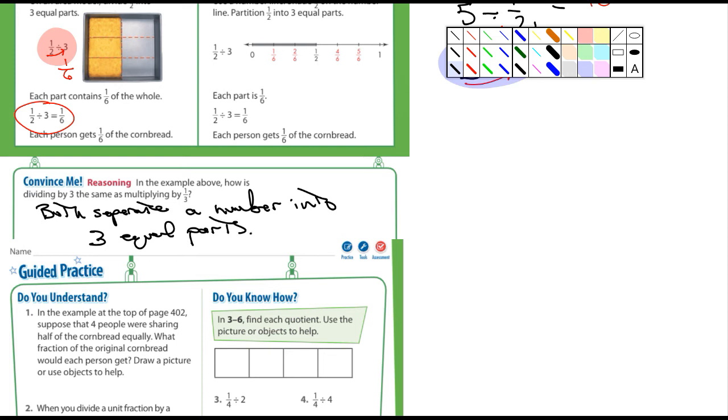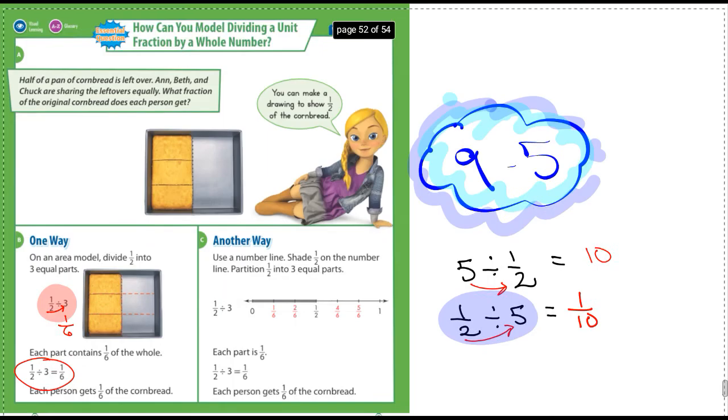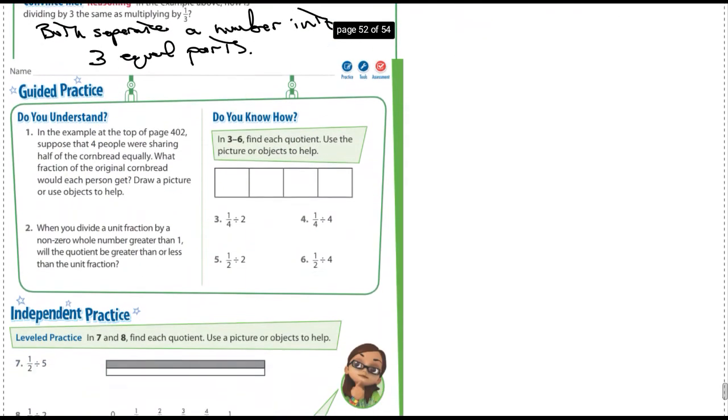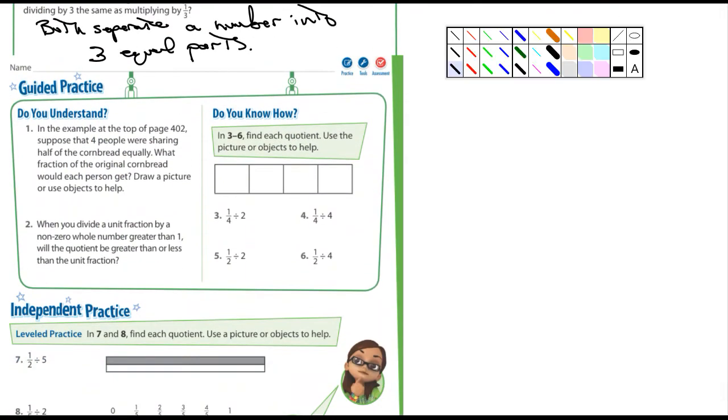Okay. All right, let's look at number 1 here on the guided practice. It says, suppose in the example at the top of page 402, that's the example we were looking at with the cornbread, that 4 people were sharing half the cornbread equally. What fraction of the cornbread would each person get?